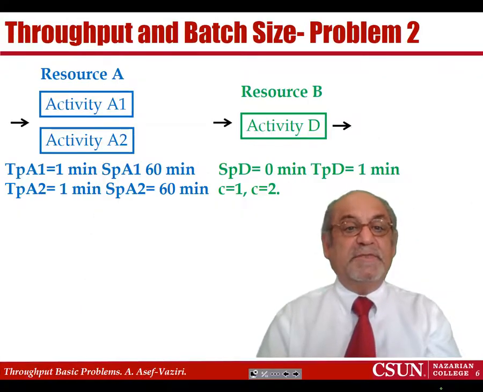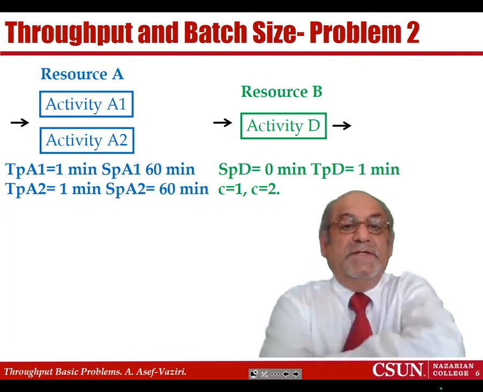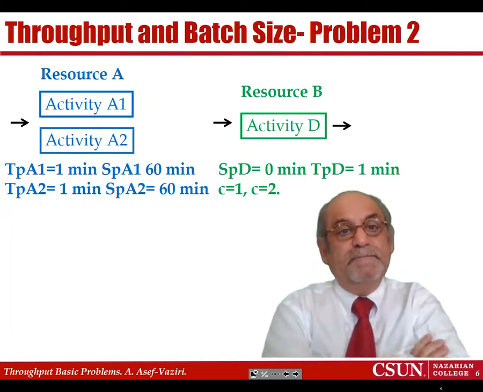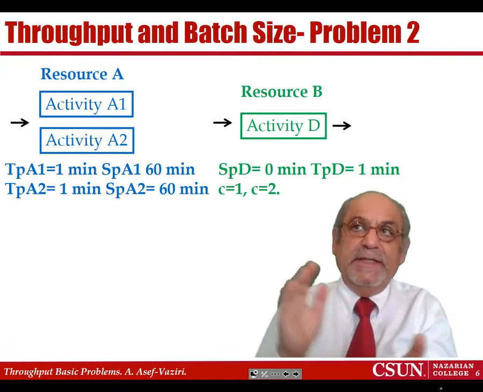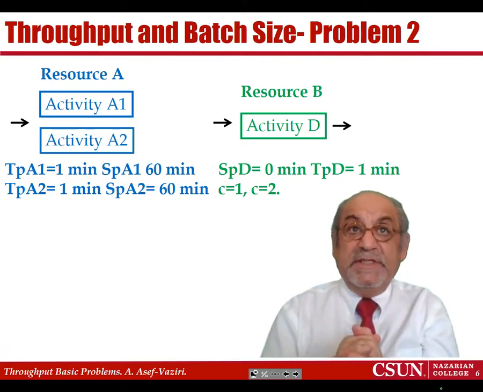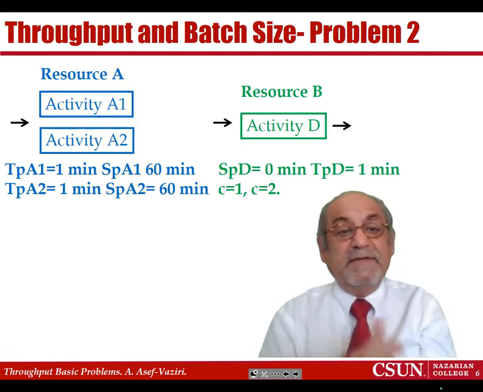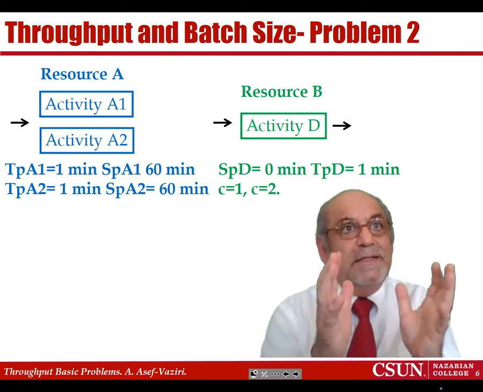How do we solve this problem? First, only focus on resource A. Resource A does 2 activities, activity A1 and activity A2. Setup time for activity A1 is 60 minutes, setup time for activity A2 is also 60 minutes.